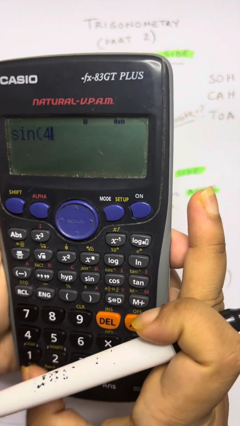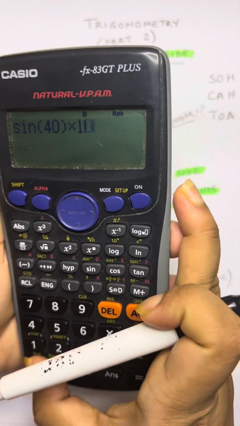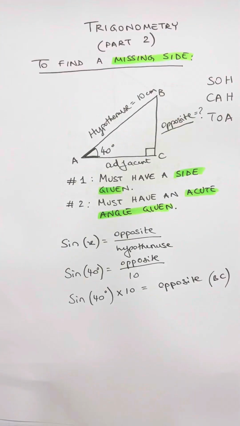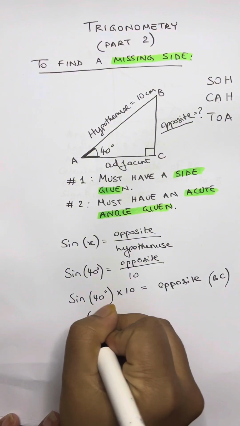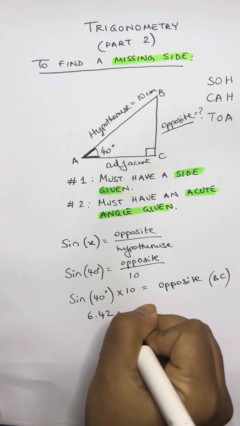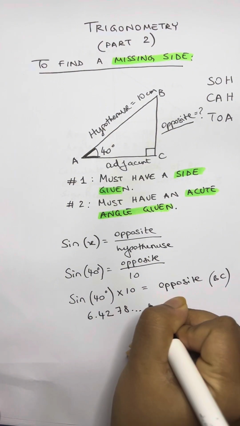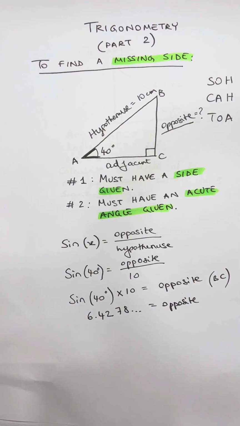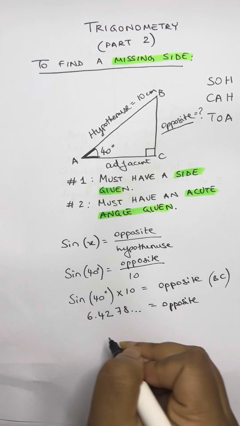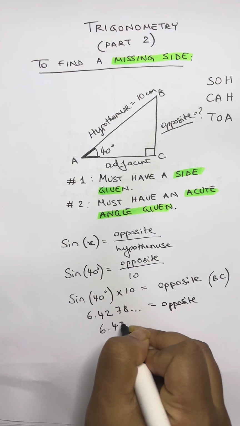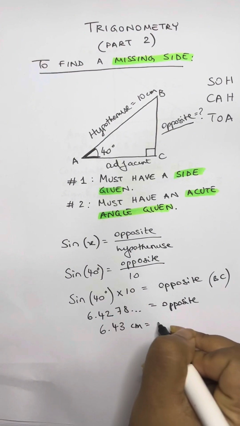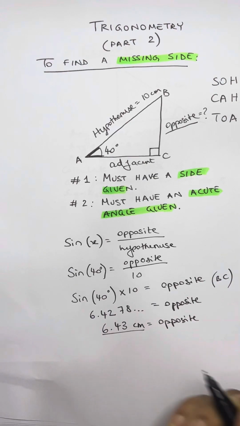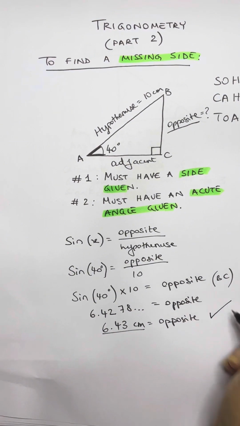Sine of 40 times 10 gives me 6.4278. If we want to keep our answer to 3 significant figures, that's going to be 6.43 centimeters. So my opposite side is equivalent to 6.43 centimeters.